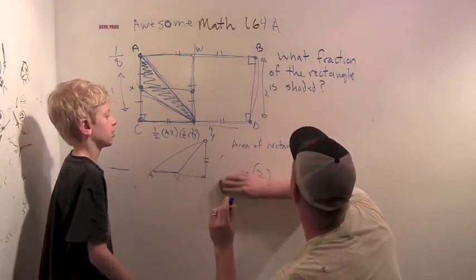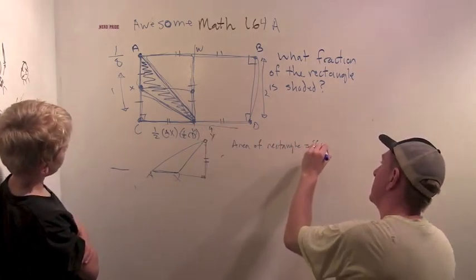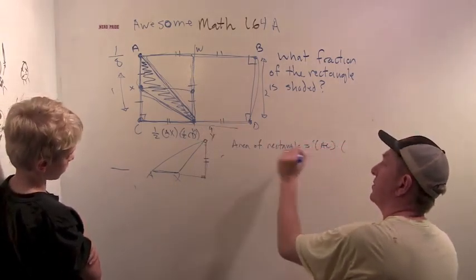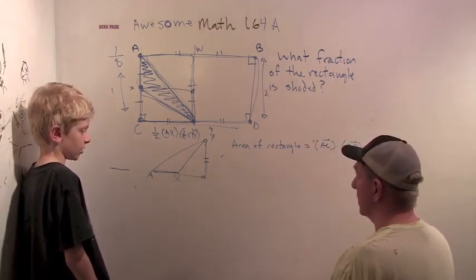Okay. So the area of the rectangle, without the numbers, would just be AC times CD. Maybe we can put bars on those lengths.